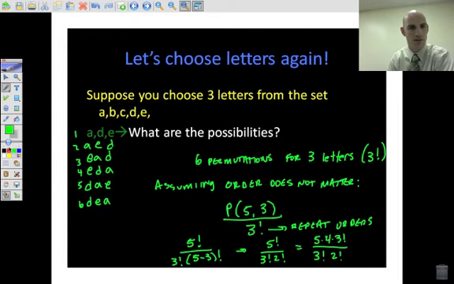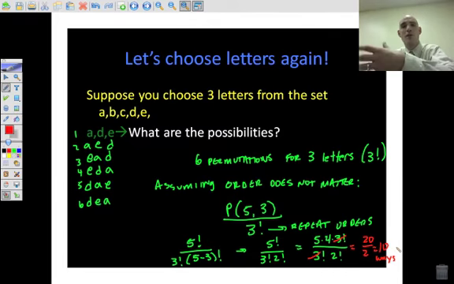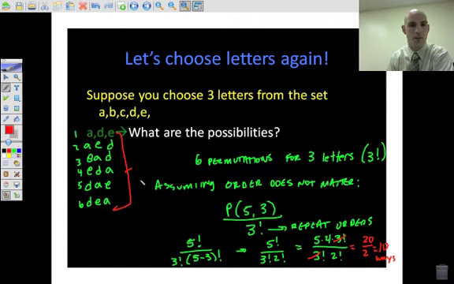When I cancel out the 3 factorial, I end up with 20 over 2, which is 10 ways. There's 10 ways to pick 3 letters from 5 total letters. Okay? So it doesn't really matter. There's 10 ways to pick those 3 letters when order doesn't matter. That assumes that all of these ways represent the same three letters being picked.